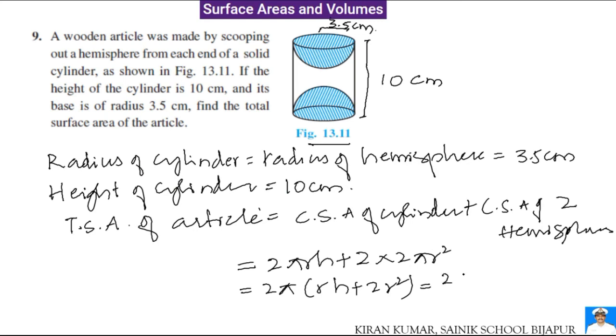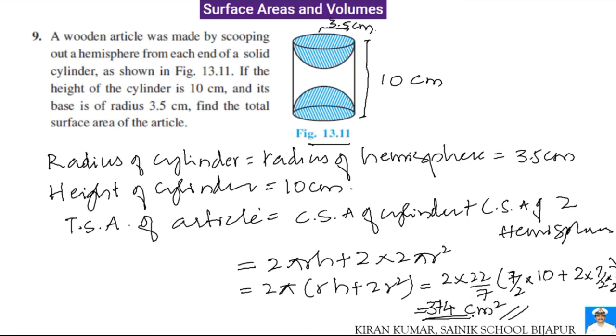We get 2 times 22 upon 7 multiplied by the radius 7 by 2 times the height 10 plus 2 times 7 by 2 into 7 by 2. Simplify, we'll get 374 centimeter square. You can cross check this. It is 374 centimeter square.